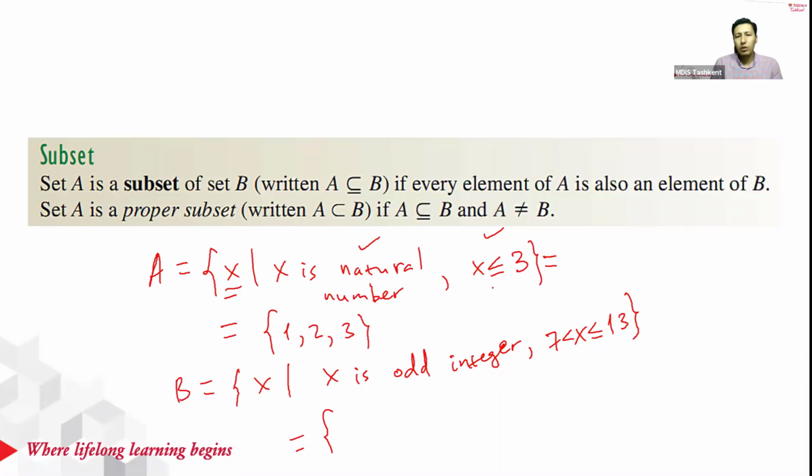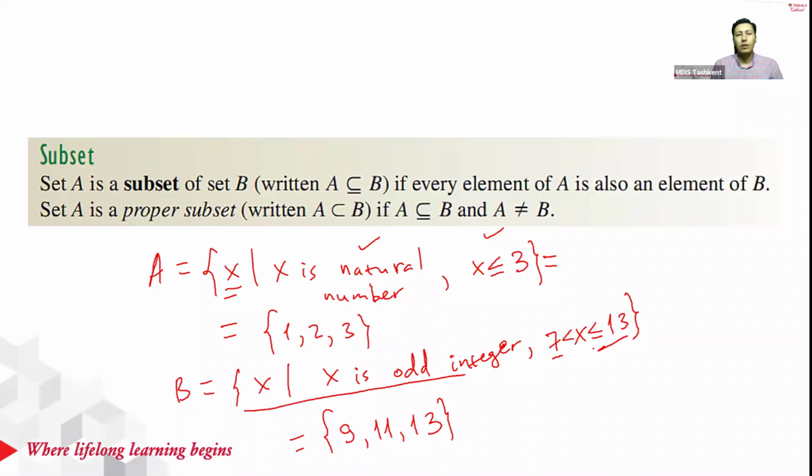We cannot take 7, because there is no equal sign. Therefore we start with 9, 11, and 13 we can include. You see, we have an equal sign here, so we can include 13 also.